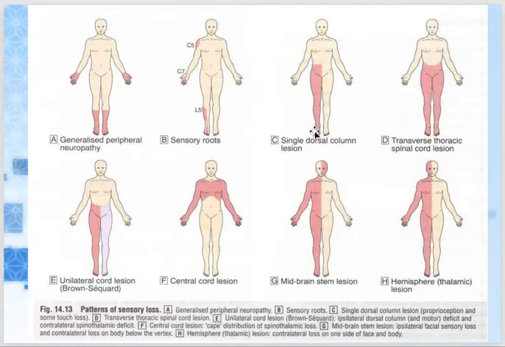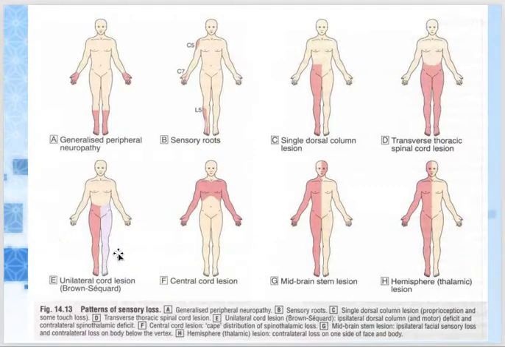So upper motor neuron type of signs will be there. Again, this condition I taught you yesterday, meaning the previous lecture, I gave you transverse myelitis. So this is a patient of transverse myelitis, or simply the spinal cord is transected at a certain level. Which level? Umbilicus, T9, T10.